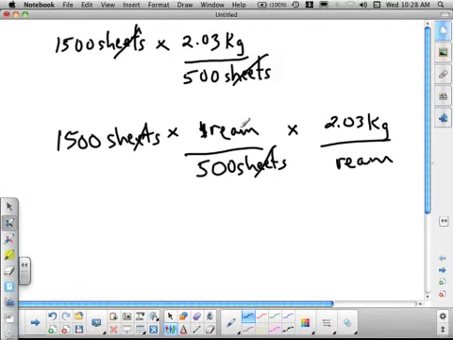You're just, in this first example up here, making that substitution automatically. But this is the way we need to be working these problems. So the answer to this is 1,500 divided by 500, which is 3, times the 2.03, which is 6.09 kilograms. That should be the right answer for that.